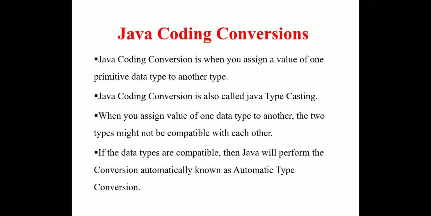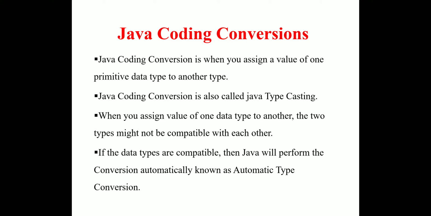Byte requires 1 byte of storage. Second one is short. Short requires 2 bytes of storage. Int 4 bytes. Long 8 bytes. Float requires 4 bytes, and double requires 8 bytes of storage. These are all the primitive data types supported in Java.